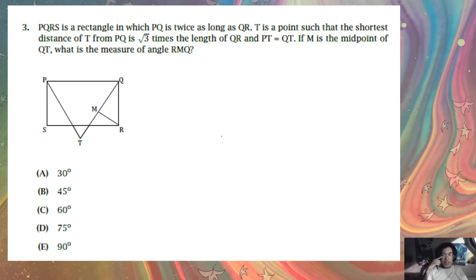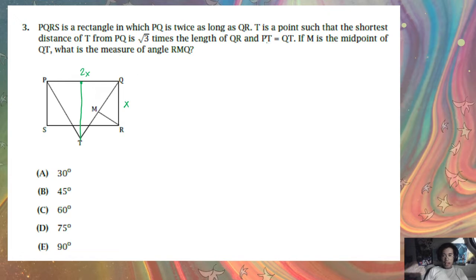Okay, so for our second problem for rectangles, our sixth lesson in the second quarter for geometry, let's try this problem. BQRS is a rectangle in which BQ is twice as long as QR, and T is a point such that the shortest distance of T from BQ is square root of 3 times the length of QR.